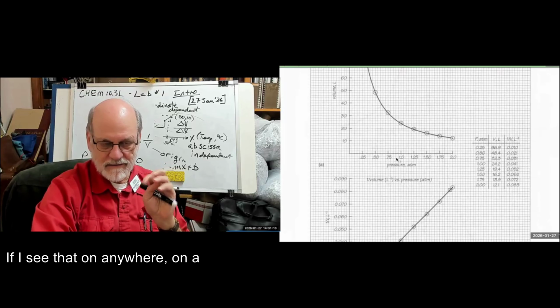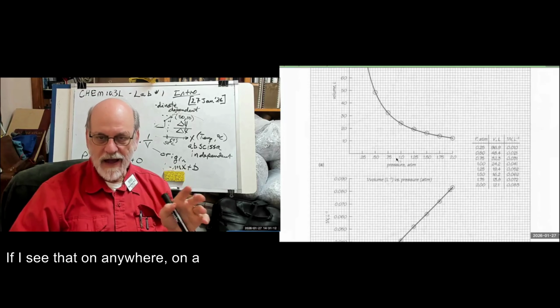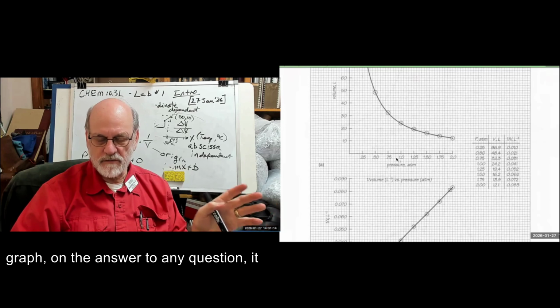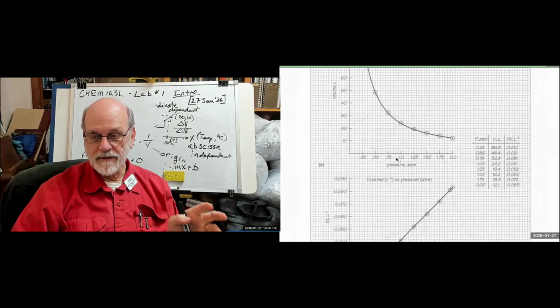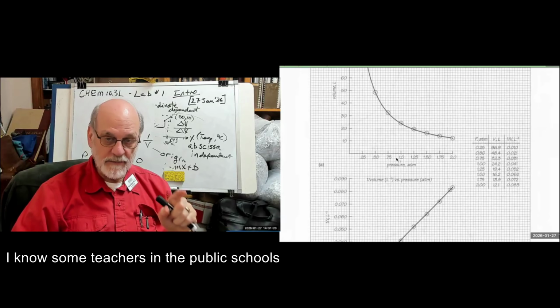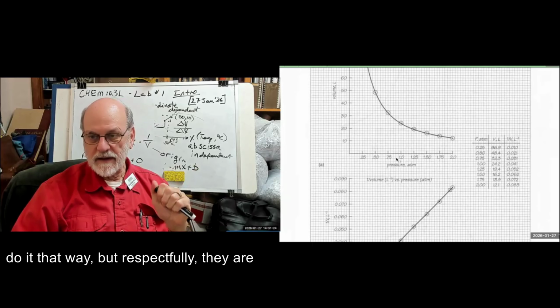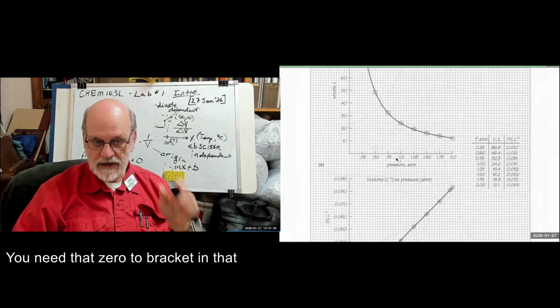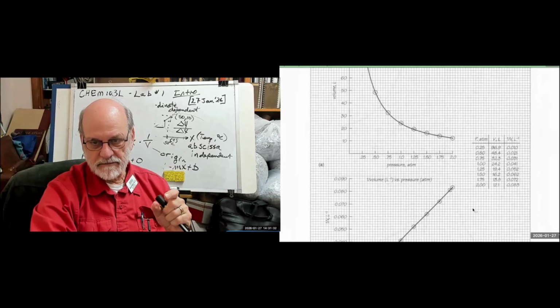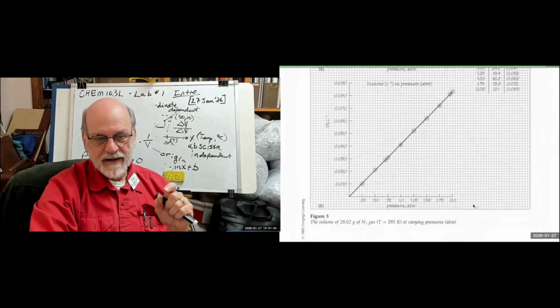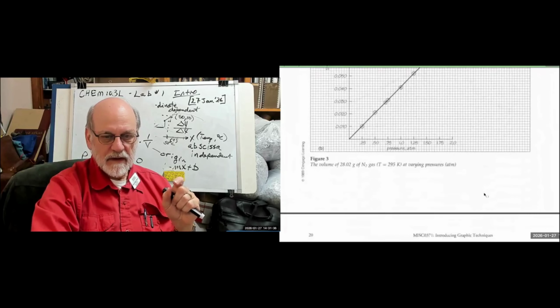If I see that anywhere, on a graph, on the answer to any question, doesn't matter, I will count it wrong. I know some teachers in the public schools do it that way, but respectfully, they are wrong. You need that 0 to bracket in that decimal point. Okay.